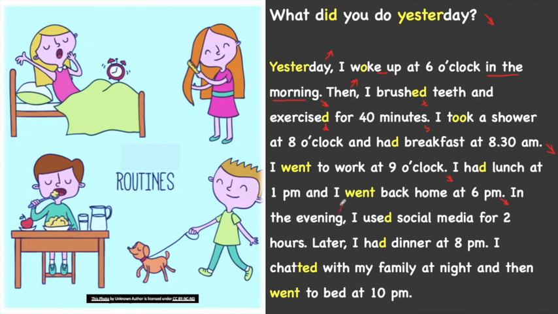In the evening, I used social media for 2 hours. Later, yeah, I had dinner at 8 p.m. I chatted. Okay, you remember id? It will become id, yeah. I chatted with my family at night and then went to bed at 10 p.m.